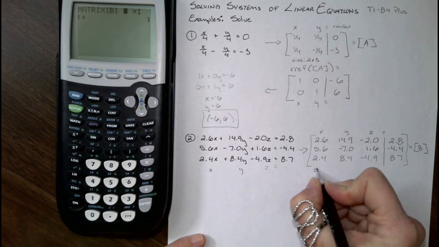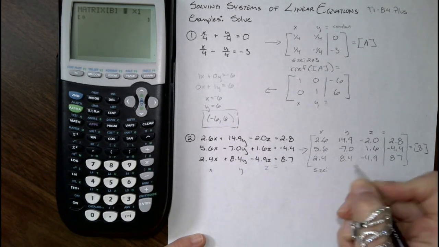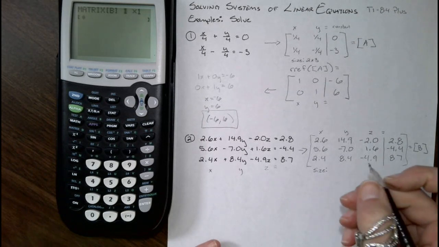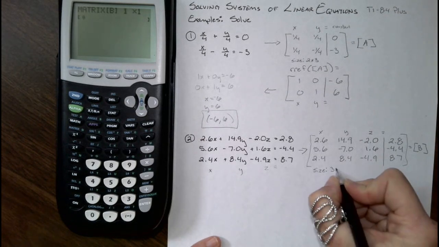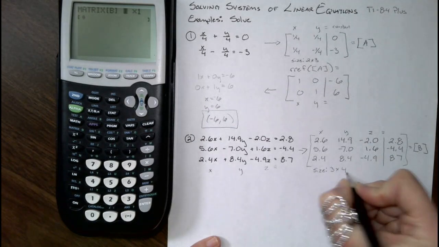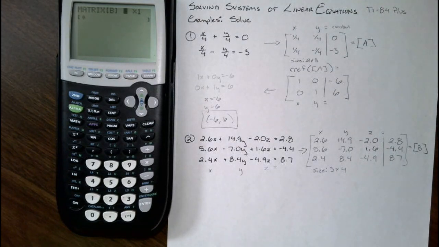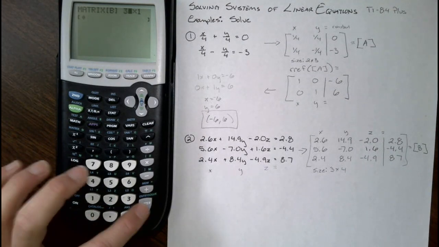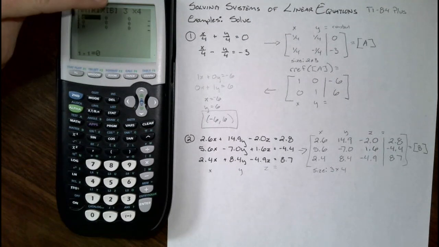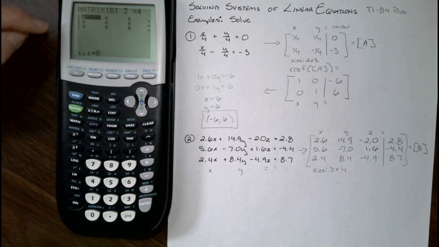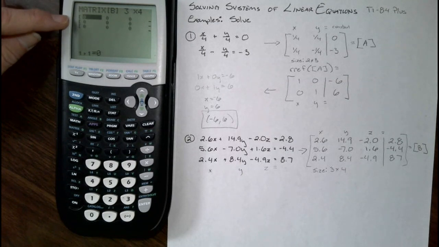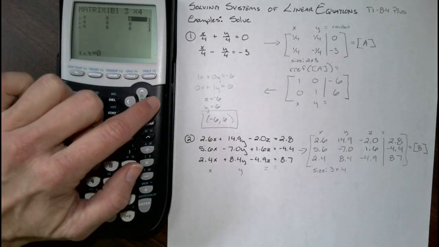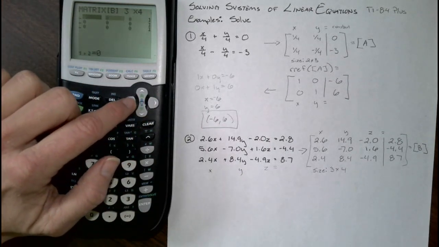Remember the size of this one. It has 3 rows and 4 columns, so this one is a 3 by 4. 3, enter, 4, enter. So that gives me the size. And then it shows up again. I can always make sure that I've got that in the right order because I see 3 columns. And then, of course, I can scroll over and see that I've got 4 rows.